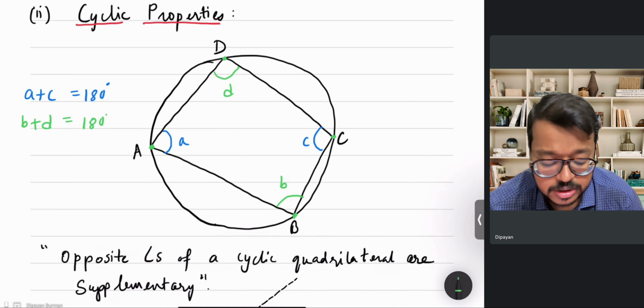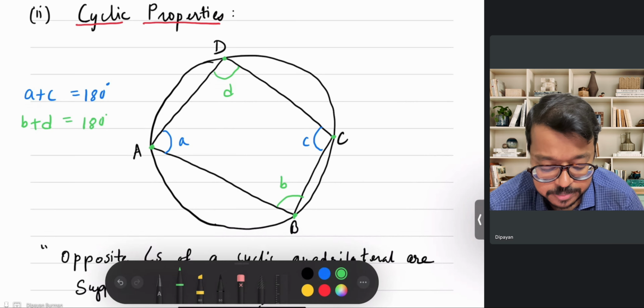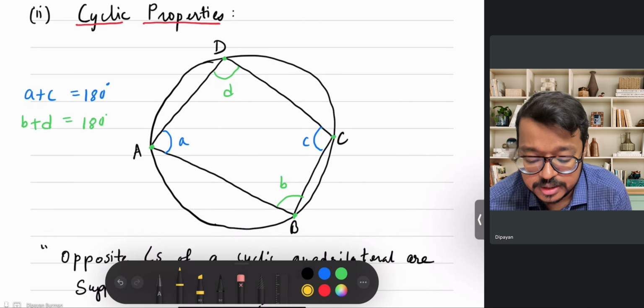So if I wanted to give an example with some numbers, let's say angle A was 80 degrees, then angle C will be 100 degrees. They will add up to 180 degrees. Or let's say angle B was 70 degrees, then angle D has to be 110 degrees, like that.